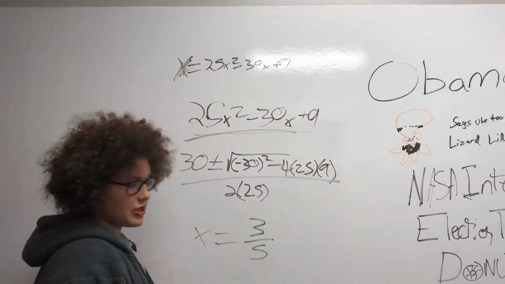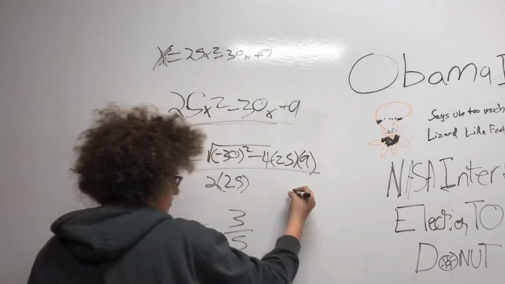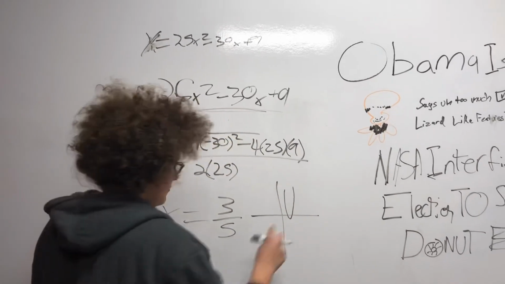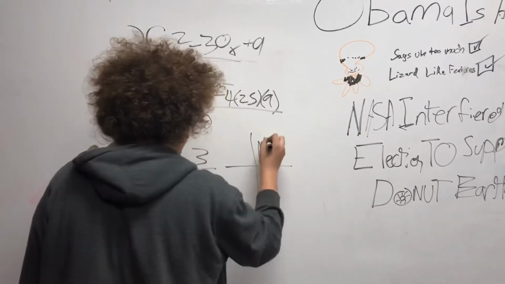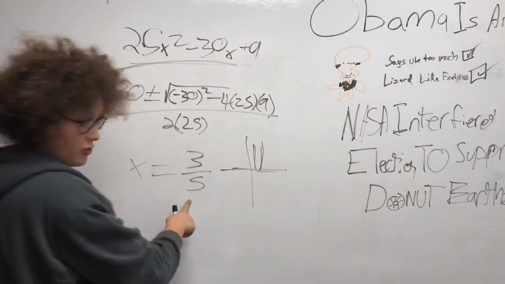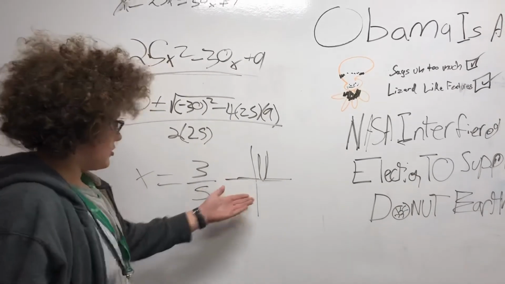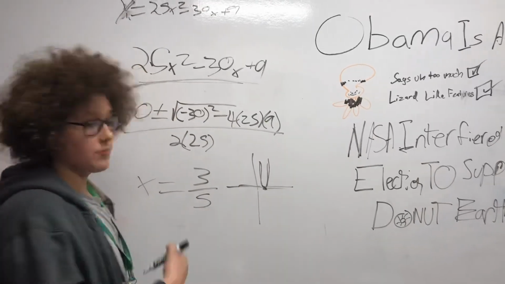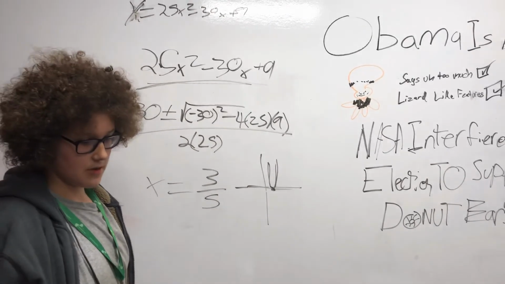And then you should get a graph that looks something similar to this. It only intersects once, because there's only one answer. And you can go over to this spot, highlight it, and it'll tell you 3/5, or the decimal equivalent of 3/5. Any other questions?